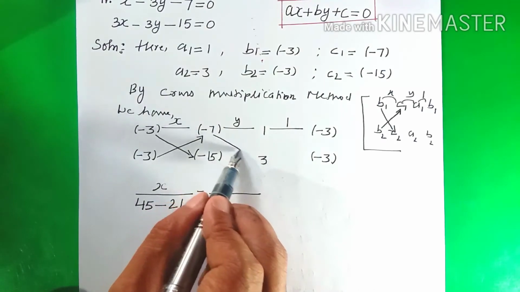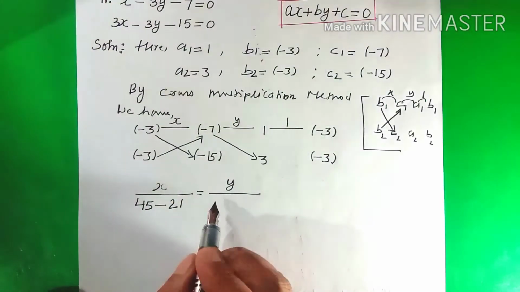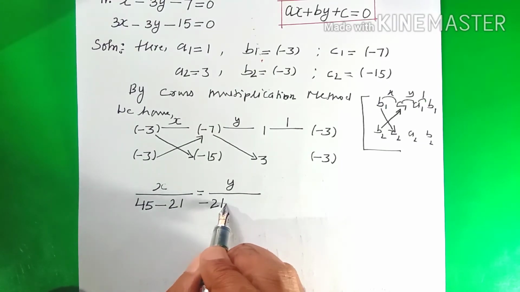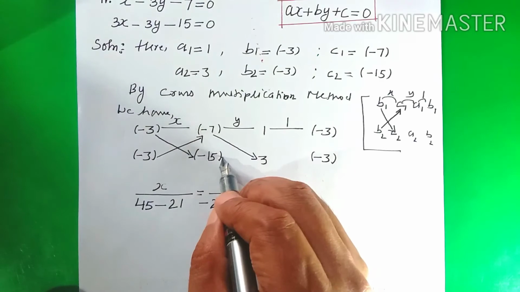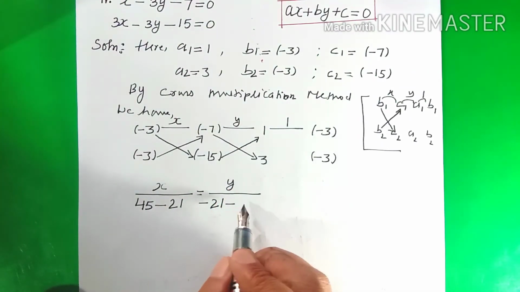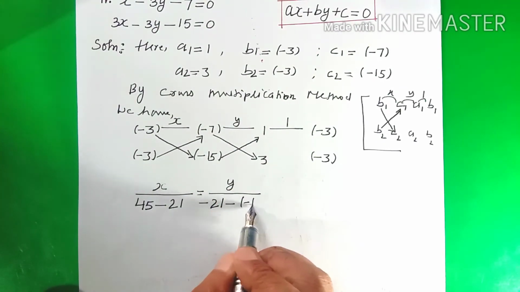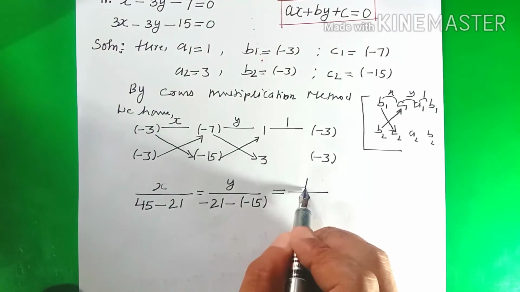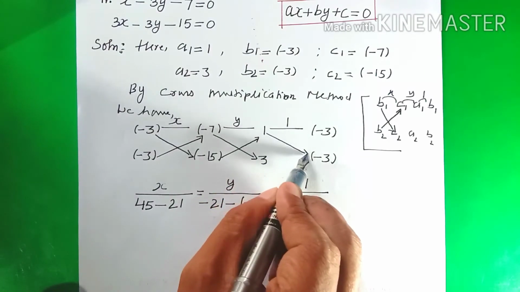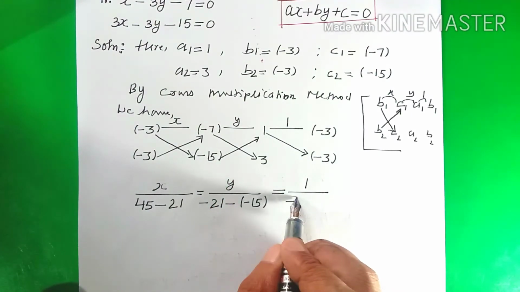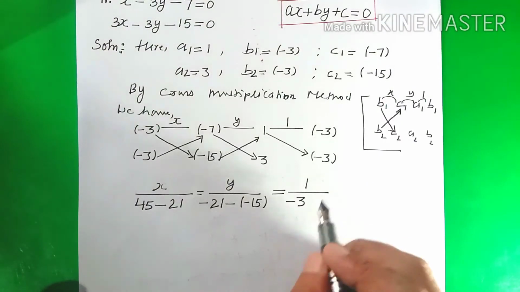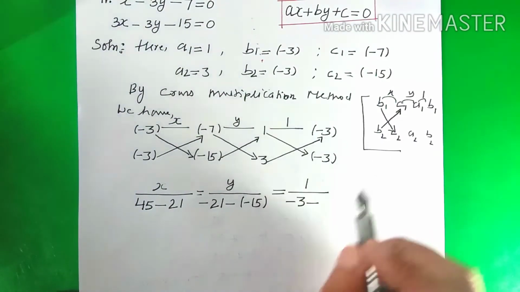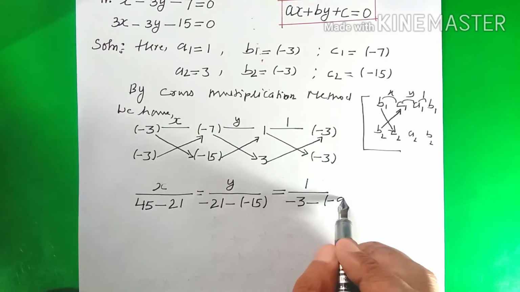Again downwards these two: 7 3s are 21, but the sign is still negative, followed by a minus sign. Again multiply these two: 15 into 1 along with the sign, so negative 15, which is also equal to 1. Again these two values: 1 into minus 3 is minus 3, followed by minus. Again these two values: 3 3s are 9, minus 9.